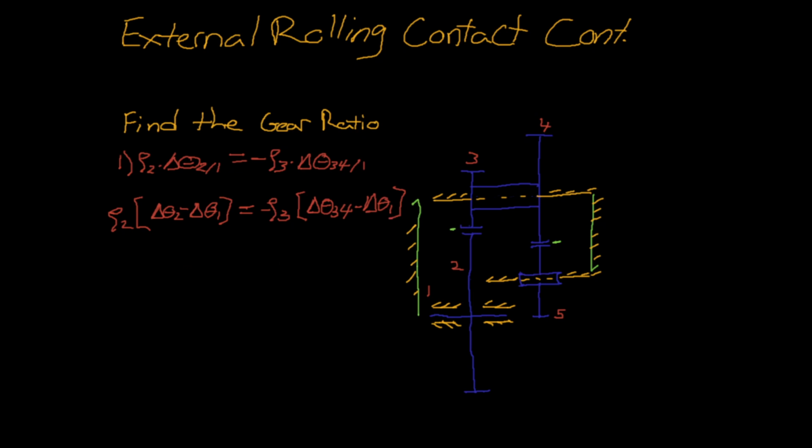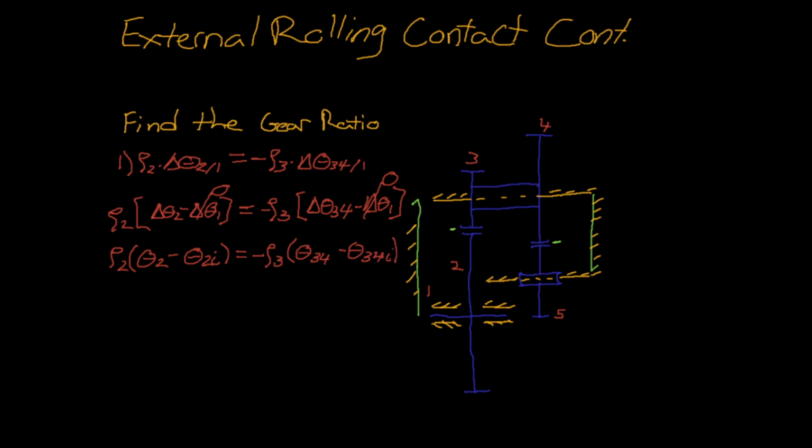Since arm 1 is the ground, there is no change, so this is 0 and this is 0. So the equation becomes ρ2 times delta theta 2 is just the angle of theta 2 minus the initial angle of theta 2, so theta 2i, which is equal to minus ρ3 times the angle of 3, 4 minus the initial angle of 3, 4i.